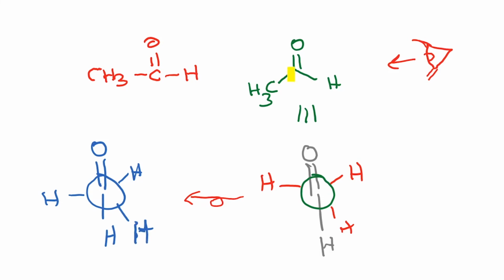Just to repeat, this is the carbon-carbon bond, and if we look at it from here, this is the front. The front carbon is C double bond O H, which I'm showing over here, and the back carbon is the CH3, which is shown here. You need to start getting familiar with this kind of notation.